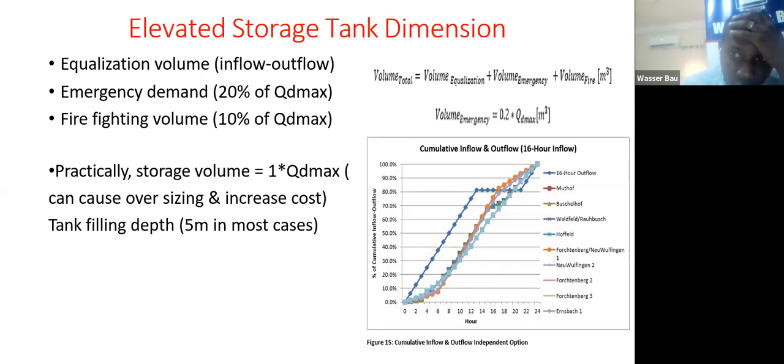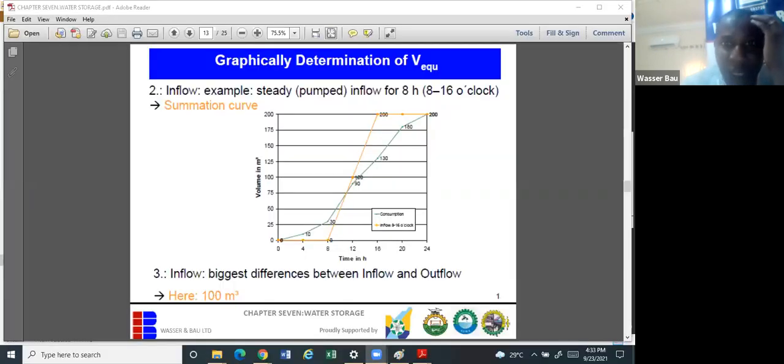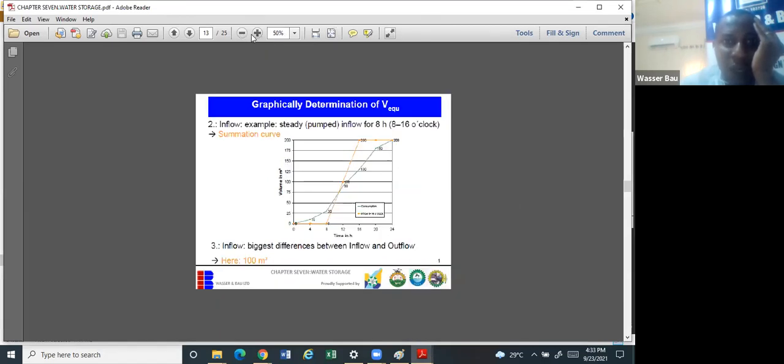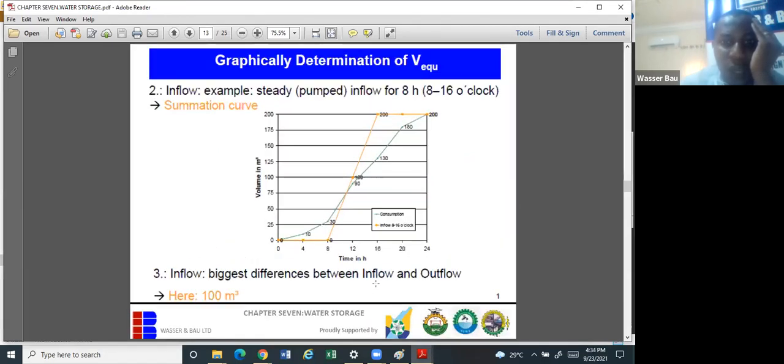Okay, so let me also draw his attention to other content of this material. If you look at this material, this is an 8 hours pumping. Engineer, who asked that question again? So these are 8 hours. Okay, good. This is for 8 hours pumping. So it's not like you pump for 24 hours.